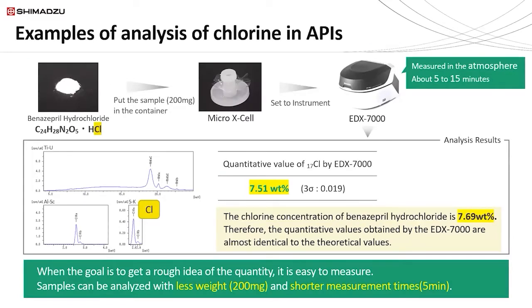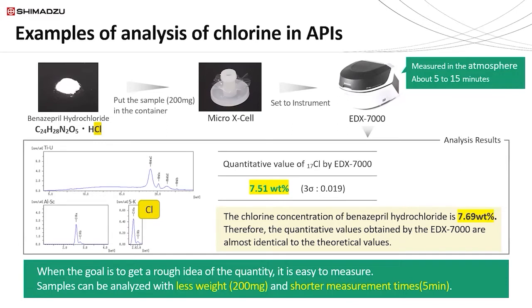So, another API, the same. Once again, we encounter benazepril hydrochloride, and we put a very small amount of sample, 200 milligrams, into a container. It's called a micro XL container. It's a container meant specifically to deal with low volume samples. And once again, we set it in the instrument, and we analyze in an atmosphere for about 5 to 15 minutes.